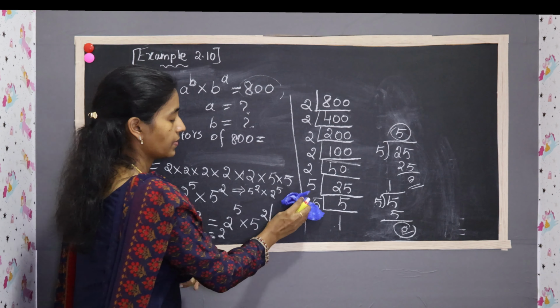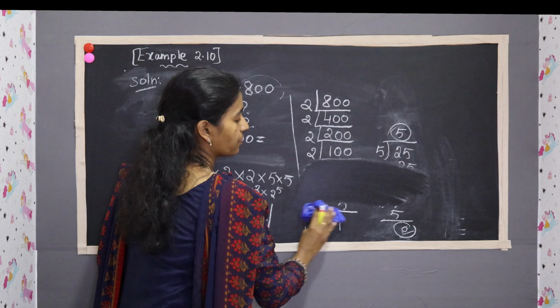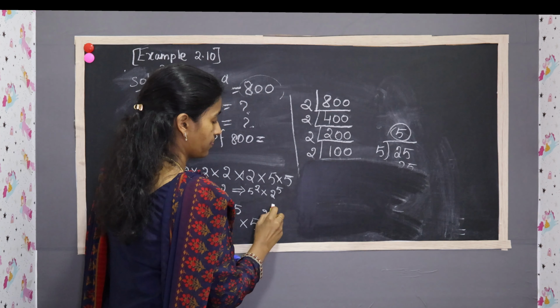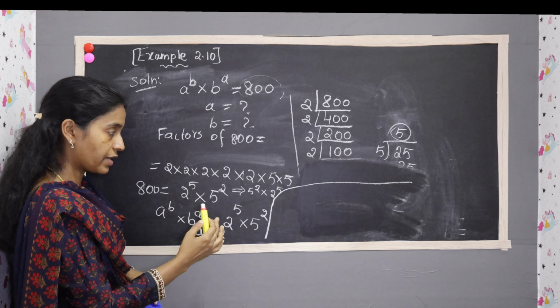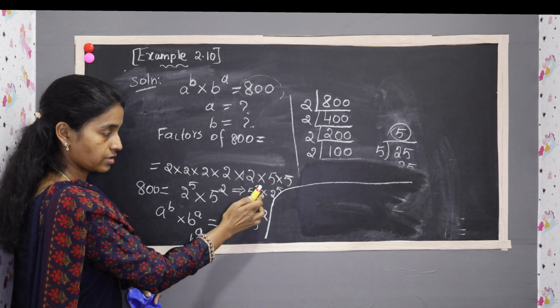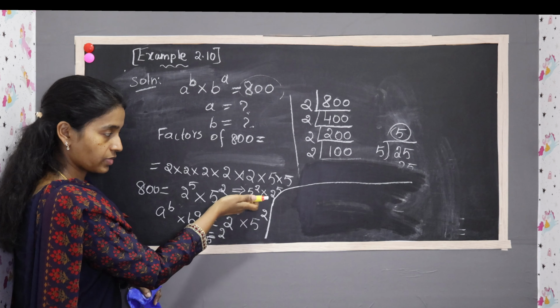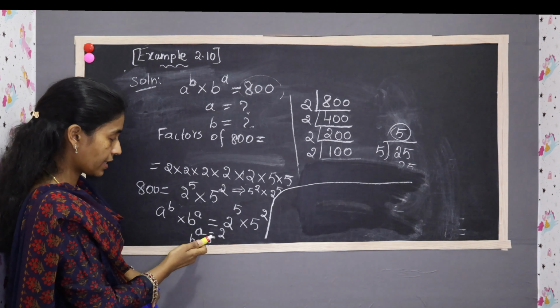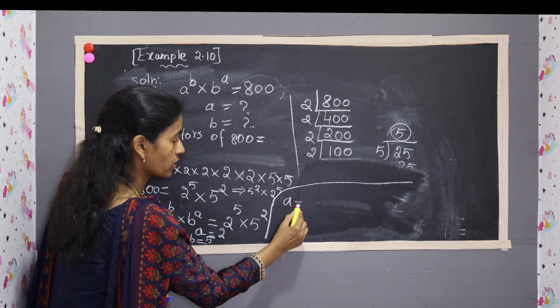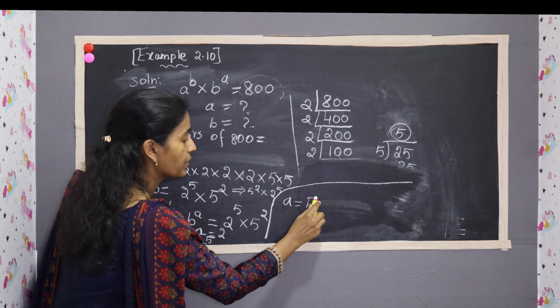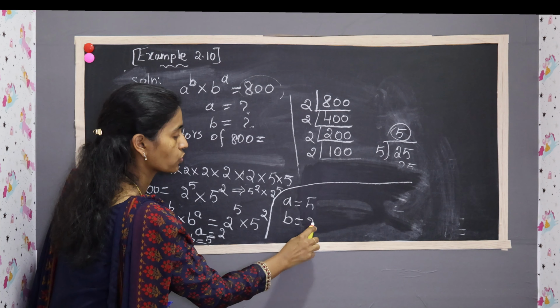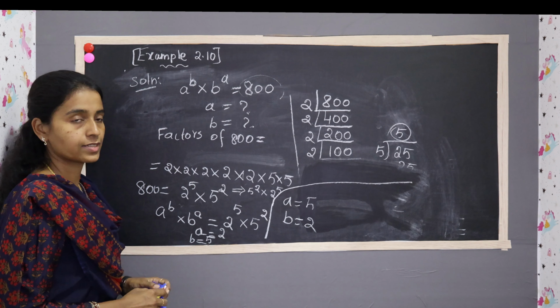Let me write it. If I am writing the answer in this format, I can write A equal to 5, B equal to 2, right?